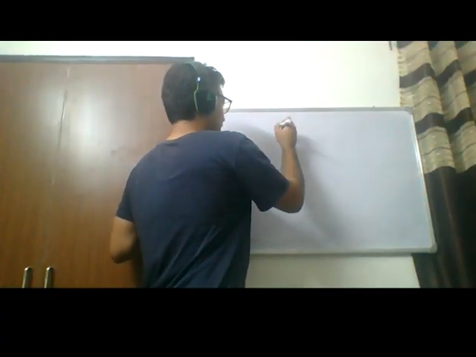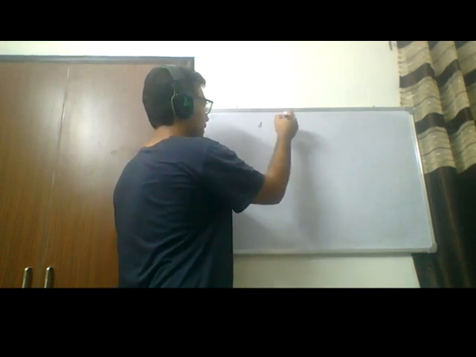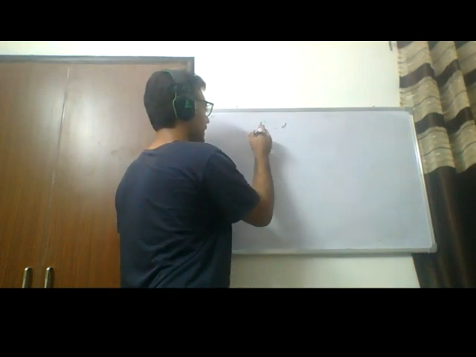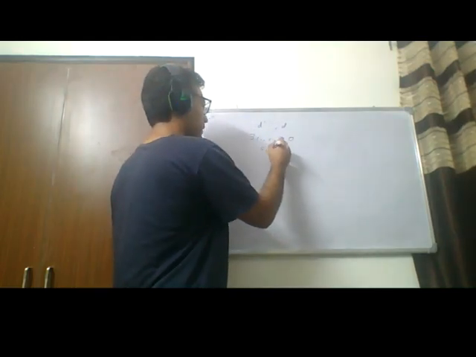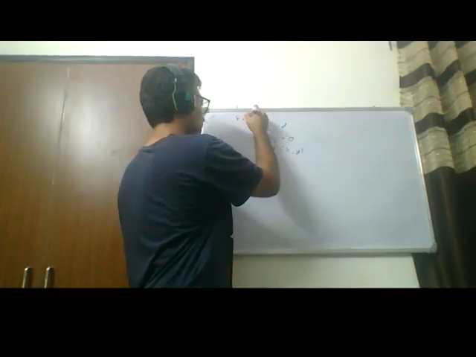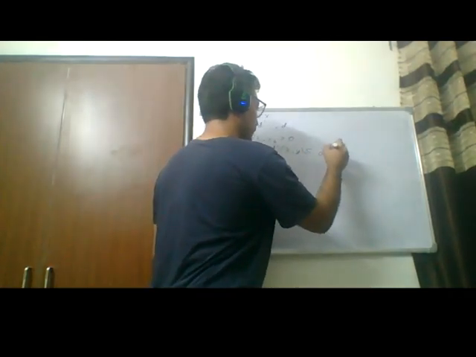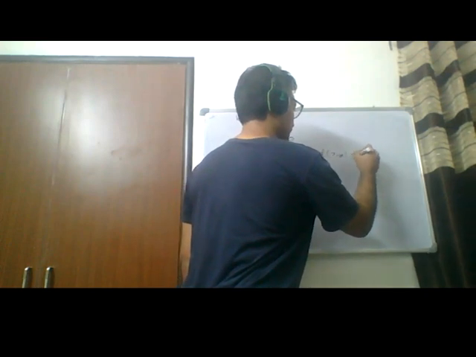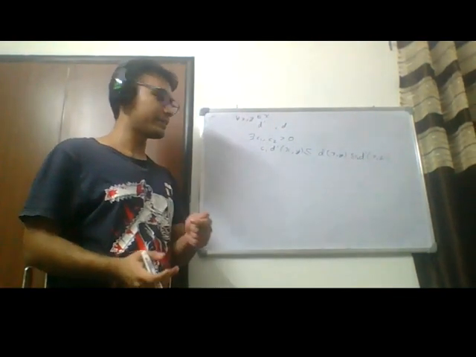So to show that the square and the circle generate the same topology, I'm going to state a definition: two metrics are called equivalent if there exist C1 and C2 greater than 0 such that C1 d prime of x comma y is less than or equal to d of x comma y, which is less than or equal to C2 of d prime of x comma y, for all x comma y in X. This is a definition stated in some analysis textbooks.